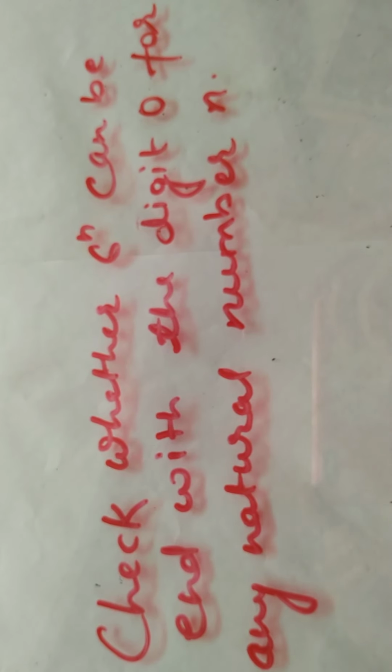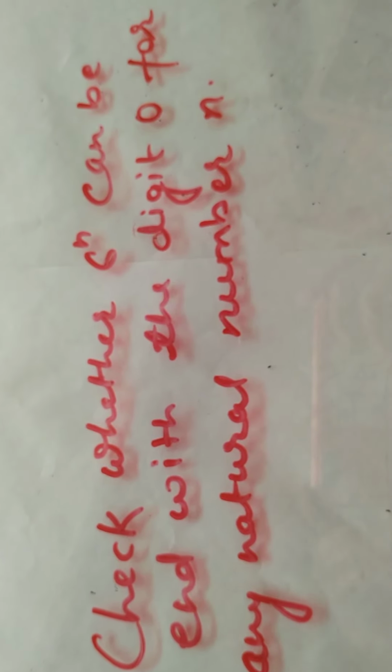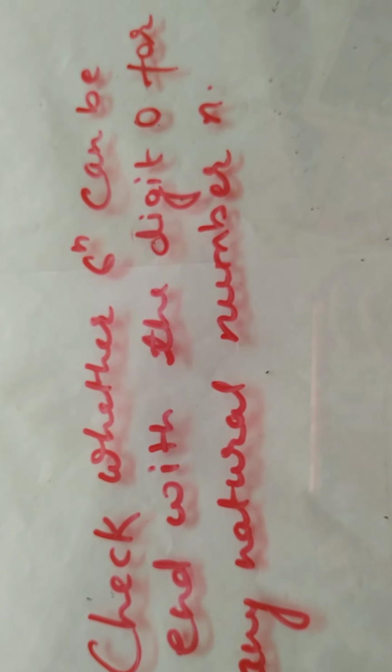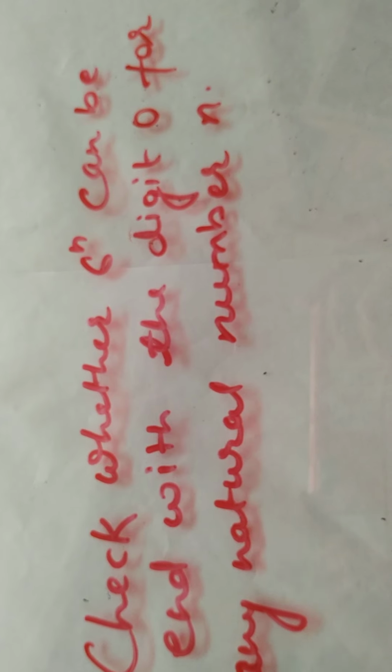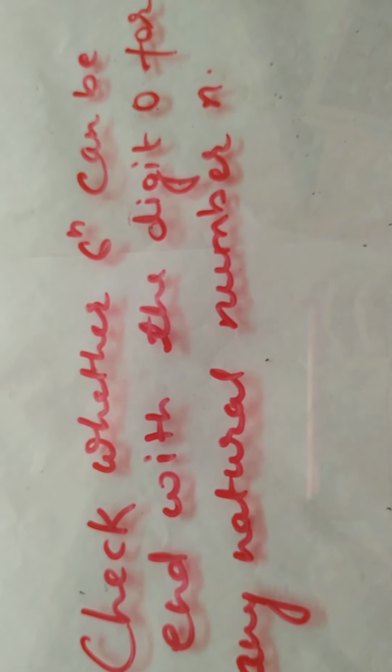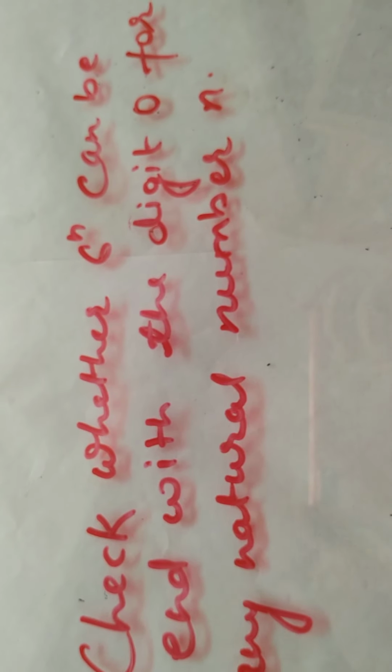Check whether 6 to the power n can end with the digit 0 for any natural number n. That means we have to show that the unit digit of 6 to the power n is 0 for any natural number n.